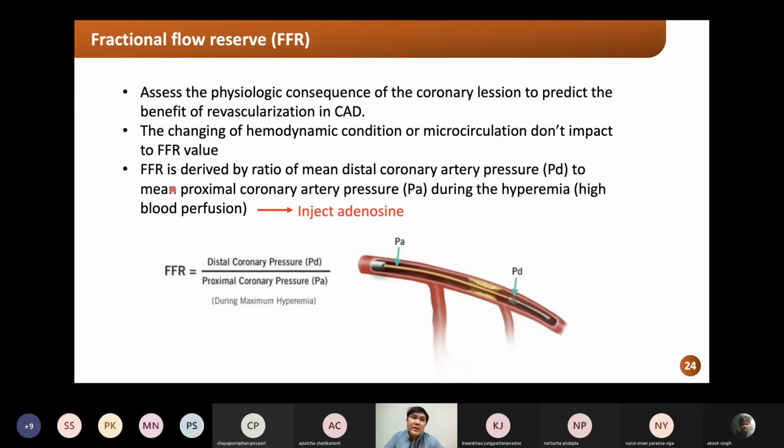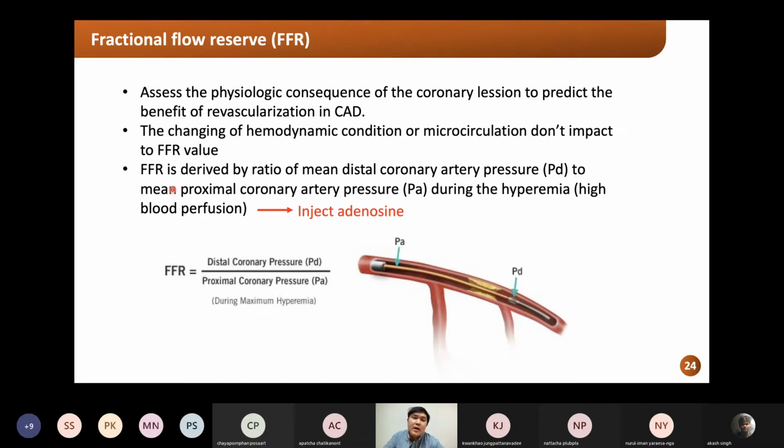But if the blood perfusion through that lesion is normal, with no problem with blood flow, then revascularization may not be considered for that lesion.